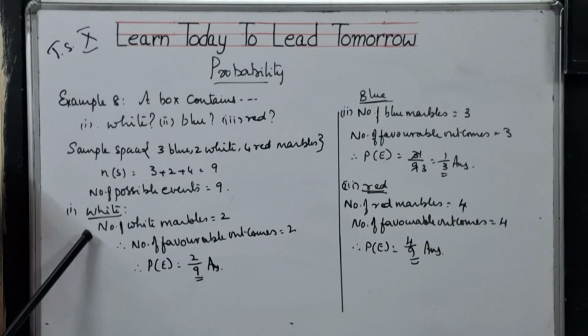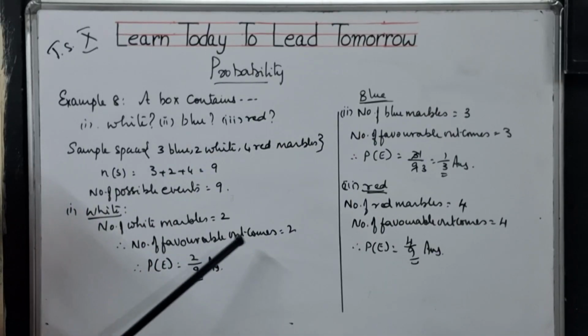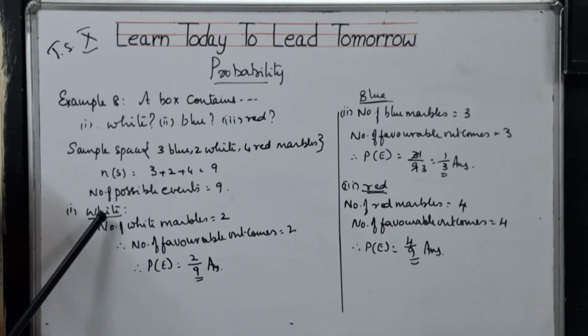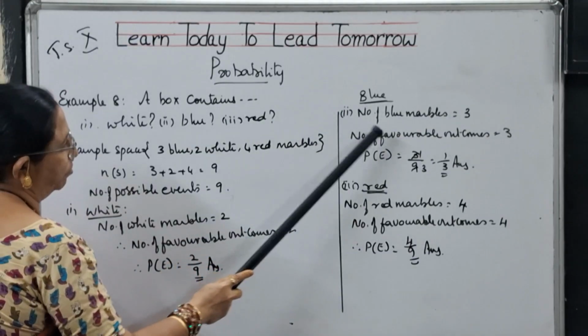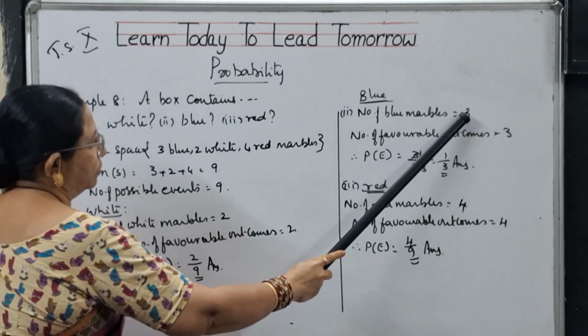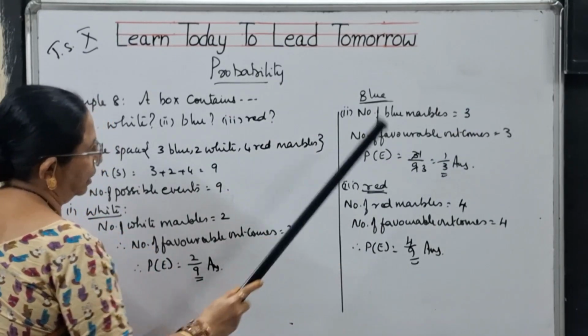Now white we want. That means the number of white marbles here, 2 are there. That means favorable outcomes are 2. So probability of event is 2 by 9. What is this event? This is dealing with getting white marbles. Next one, blue marbles. Number of blue marbles in the problem, they have given blue 3. So number of favorable outcomes are 3.